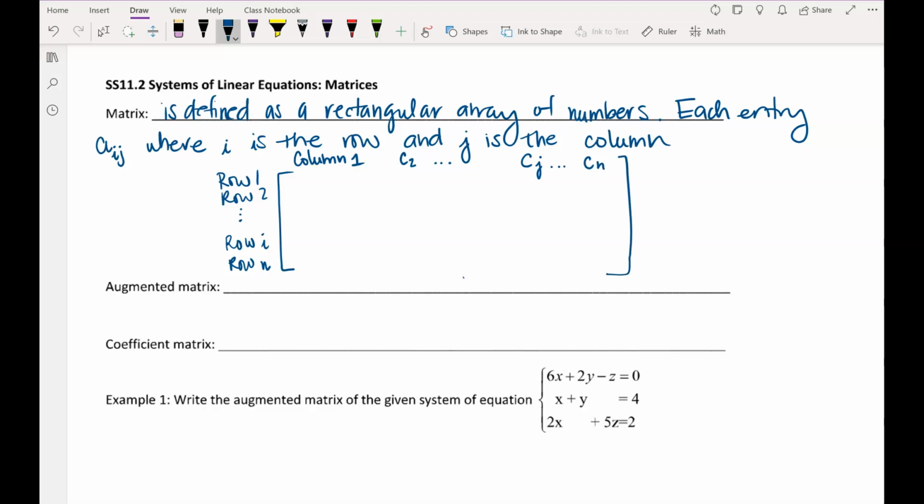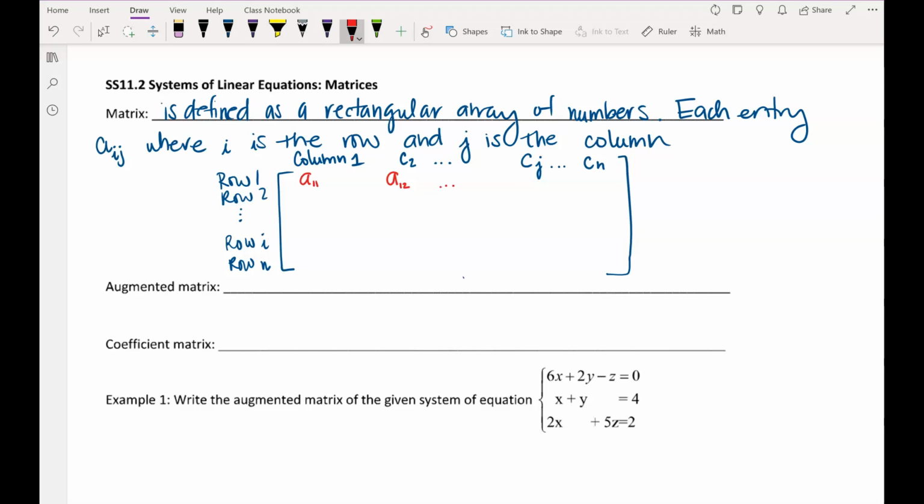All right, so if it's the first entry, that's row 1, column 1. So we write A11. So row 1, column 1. Now row 1, column 2, so A12.